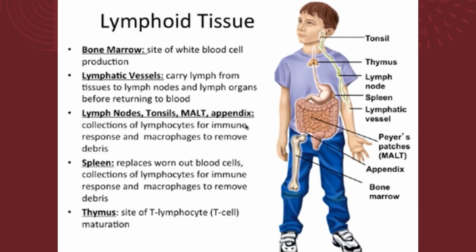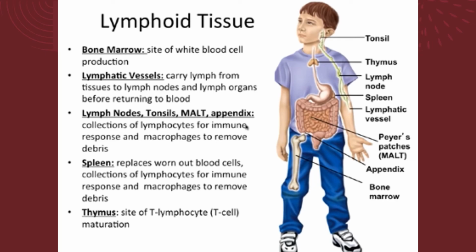Now this figure shows the different structures included in the lymphoid system. Bone marrow is the site of white blood cell production. Lymphatic vessels carry lymph from the tissues to the lymph nodes and lymph organs before returning to the blood.